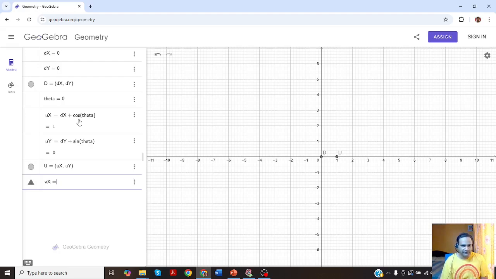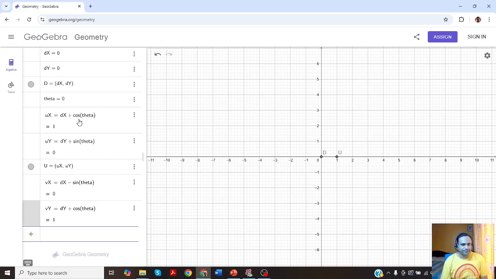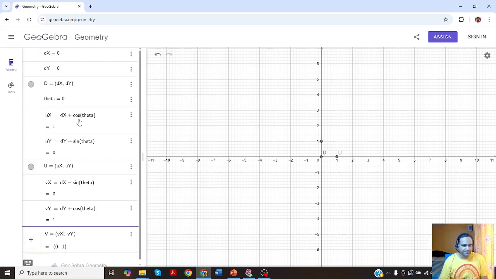Vx we have found out as dx minus sine of theta. It was just derived a while ago in the digitizer. Vy is equal to dy plus cos of theta. Okay, obviously capital V is Vx comma Vy.